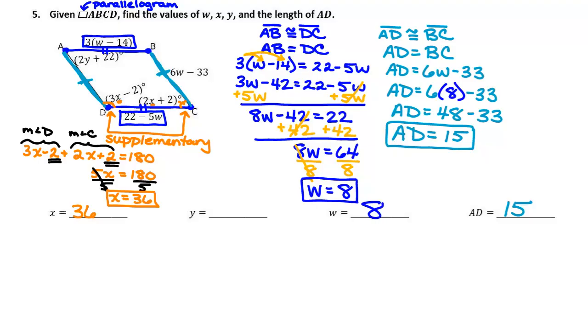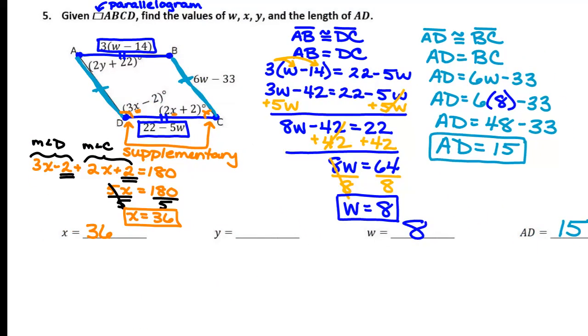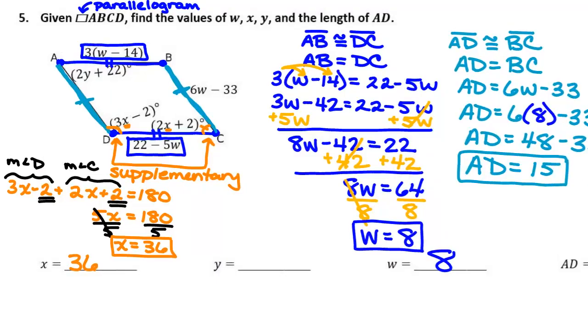And now we still need to find y. How are we going to be able to find y with the information that we have? Yes, not equals 36, but you're close. It doesn't equal x, but it is equal to something else that's in the picture. Two x plus 2.